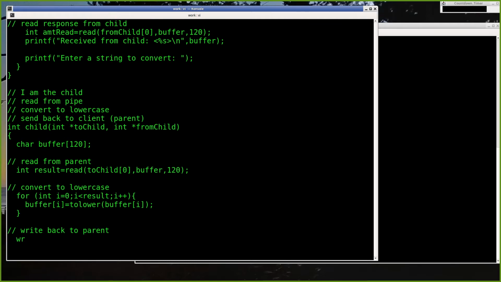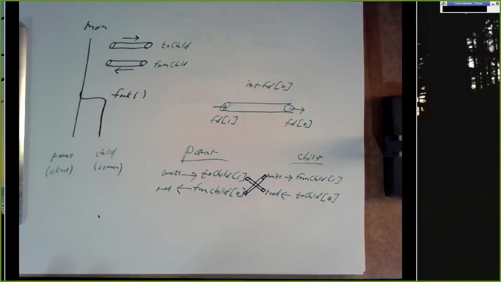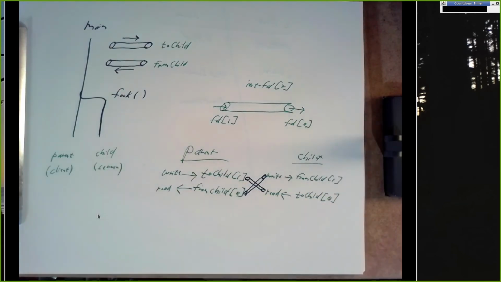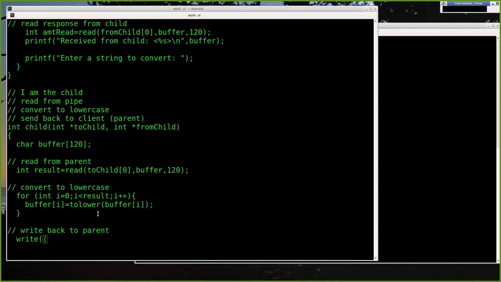So this is just a write statement. The child, last time we have to look at this, writes into fromChild[1]. So we're going to write into fromChild[1] our buffer of converted characters.